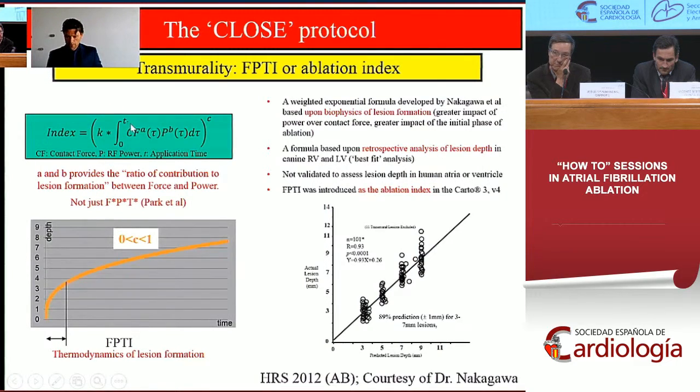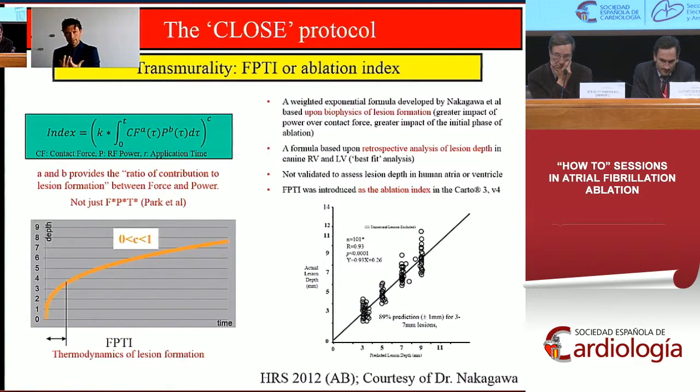And there are exponents, A, B, C. And you should believe me that the index for power is much higher than for contact force. It's about 80% power, my apologies, and about 20% contact force.